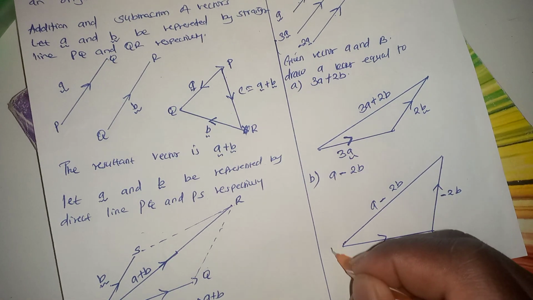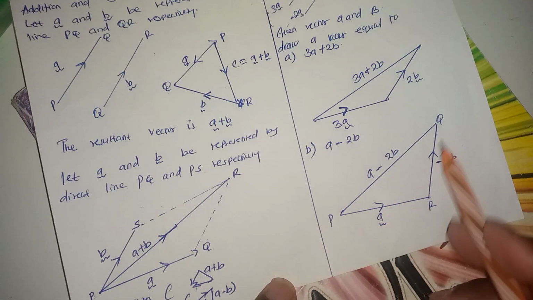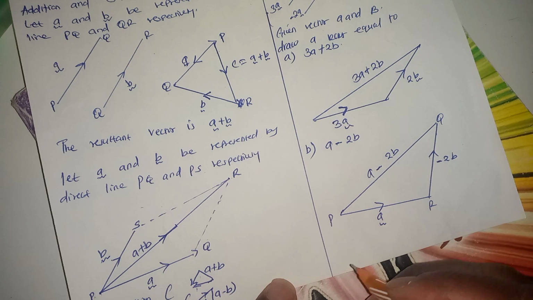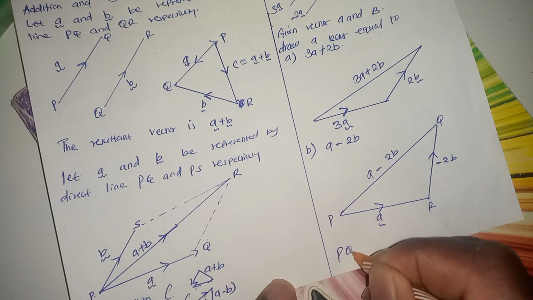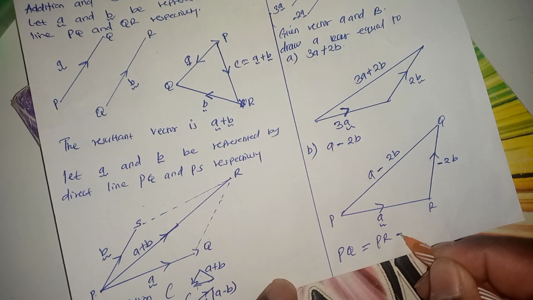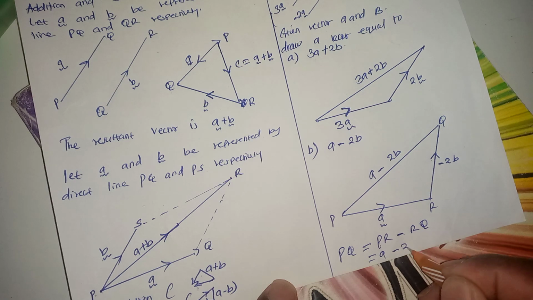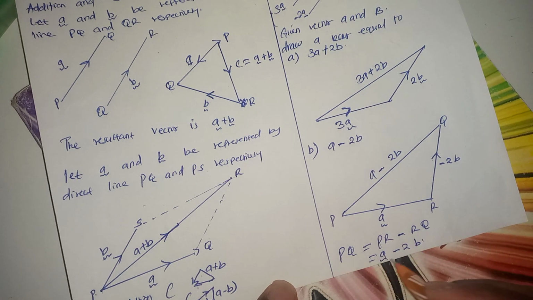If we label this PQR, we can see PQ is equal to PR minus RQ, which is A minus 2B, and these are vectors.